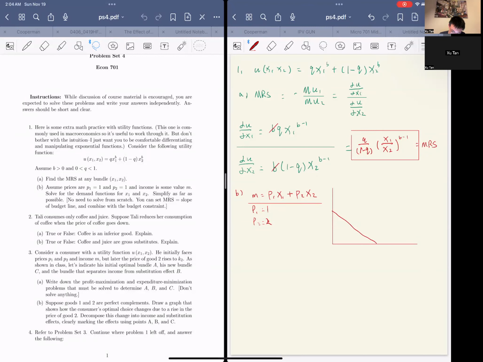How do we interpret this? It's basically the tangency condition of the budget and the utility. The slope of the utility and the budget must be the same.